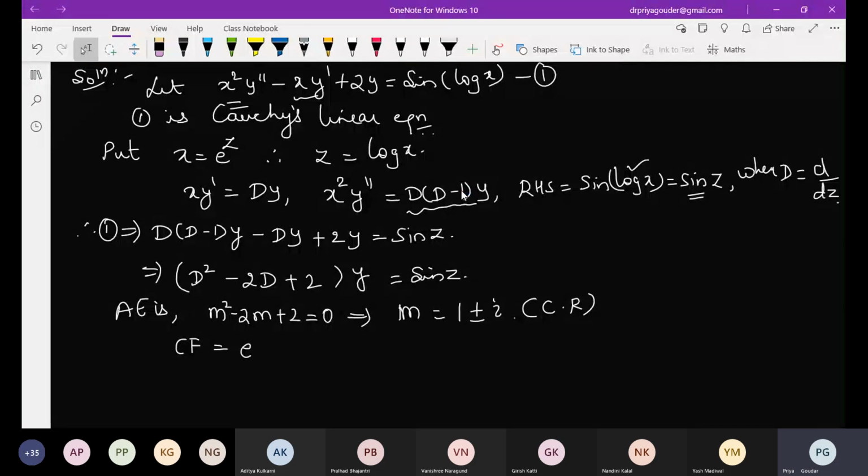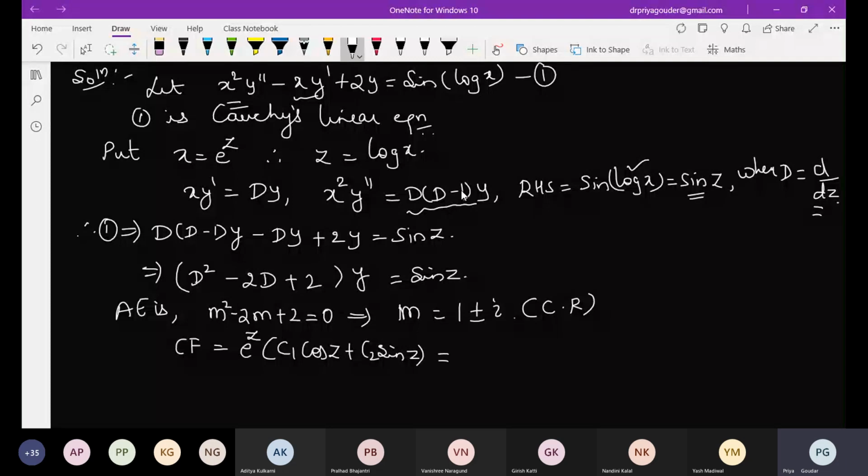Am I right? No, I'm wrong. It should be e raised to z, you should write in terms of z. So e raised to z, then C1 cos z plus C2 sin z.